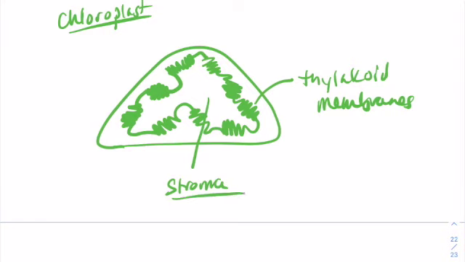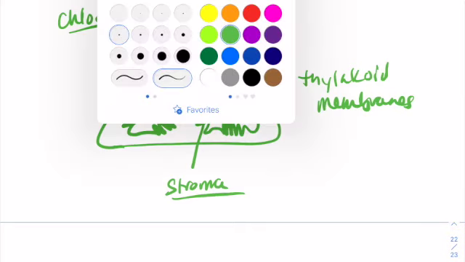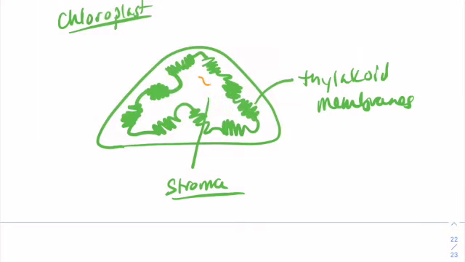And what's interesting is that in the stroma, there is DNA, chloroplast DNA, and ribosomes. These ribosomes are 70S.